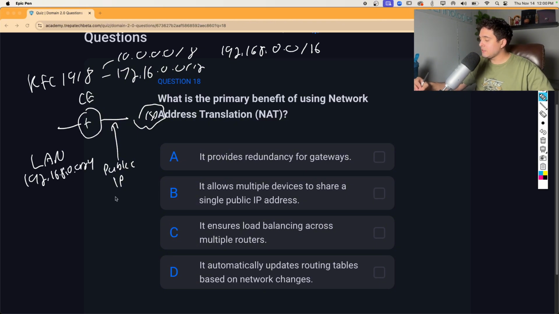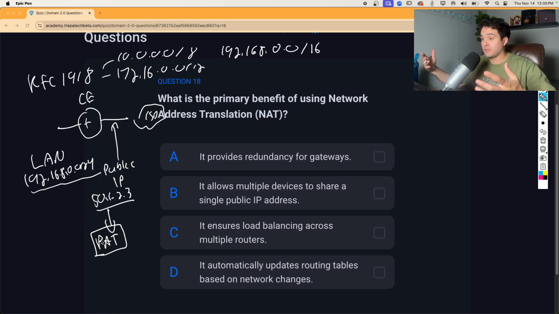So this public IP, let's say it's 50.1.2.3. NAT is going to enable these private IPs to be translated to this public IP. And we can have all these private IPs translated to this public IP using a technology called PAT, port address translation. It's also going to map port numbers in your NAT table.